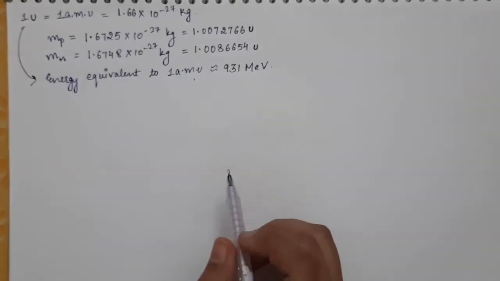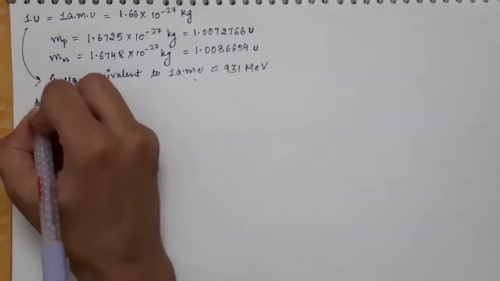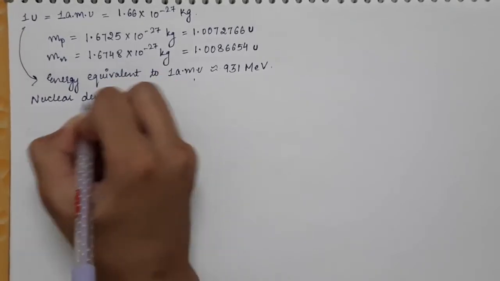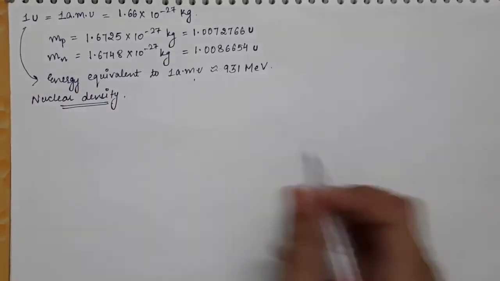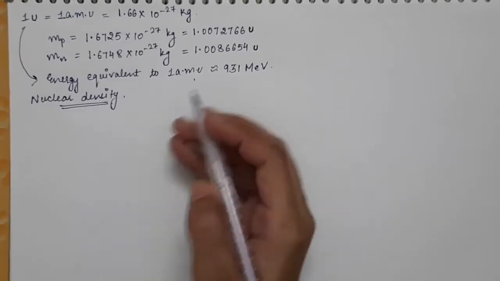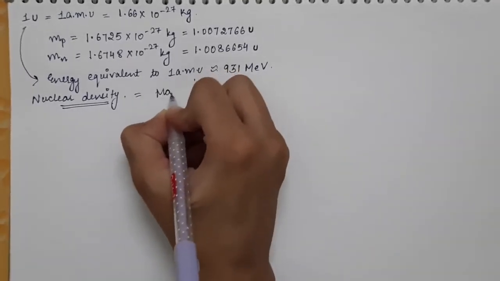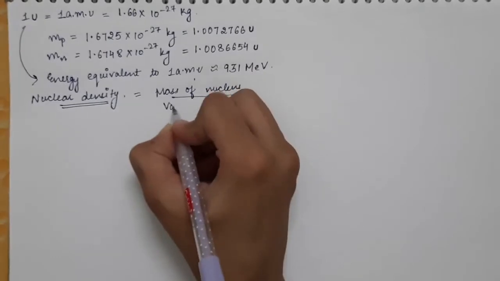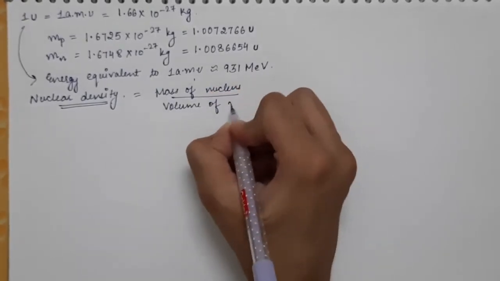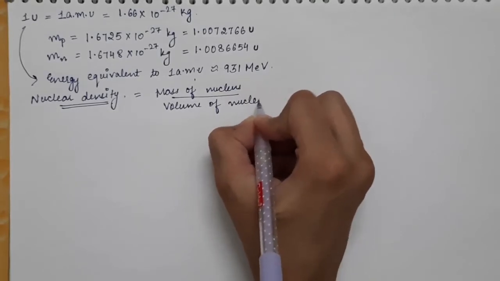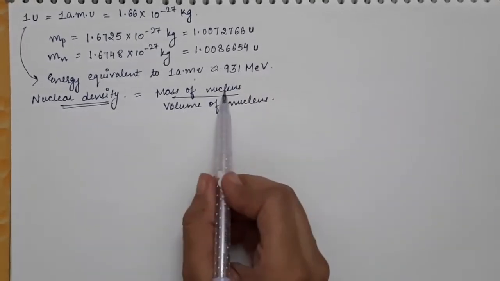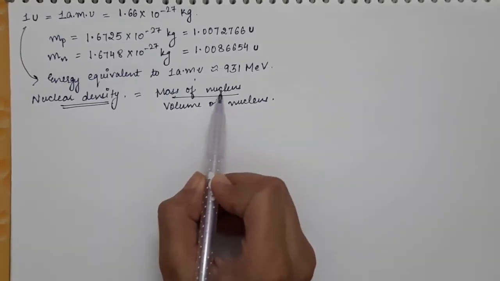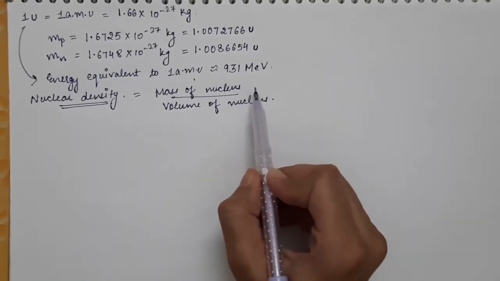The next property of the nucleus is the nuclear density. The density is defined as mass per unit volume. So the nuclear density will be equal to the mass of the whole nucleus divided by the volume of the nucleus. The mass of the nucleus is found by the total number of particles present inside the nucleus times the mass of each particle.